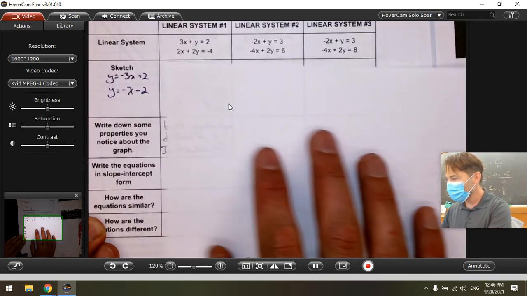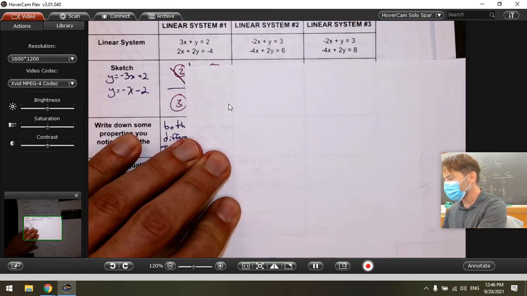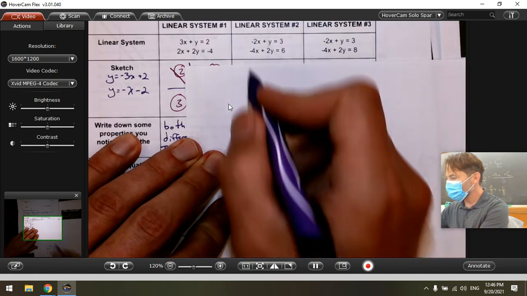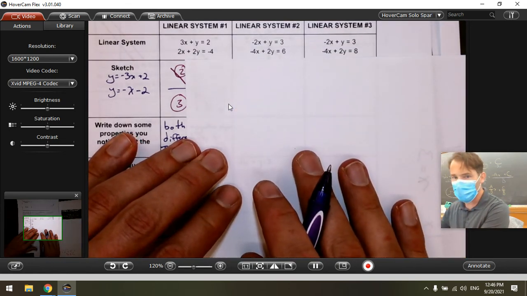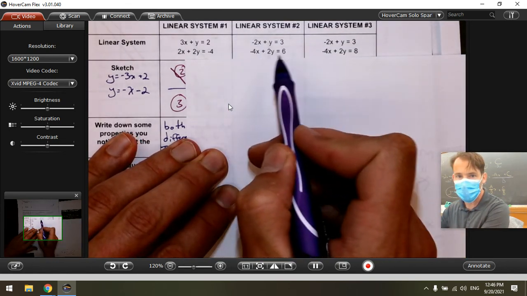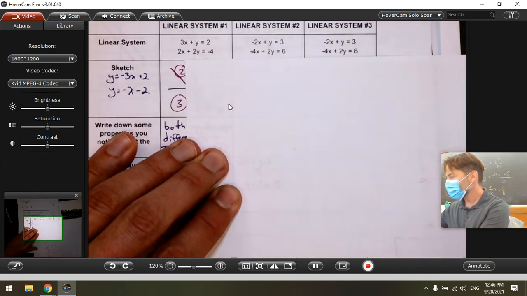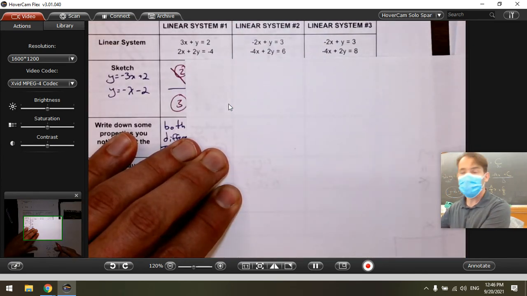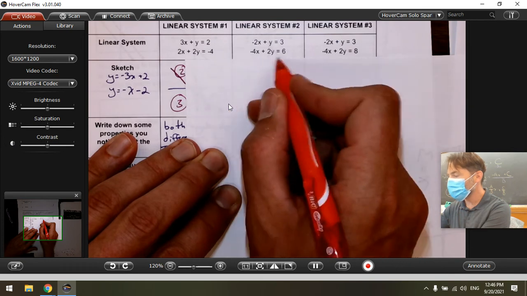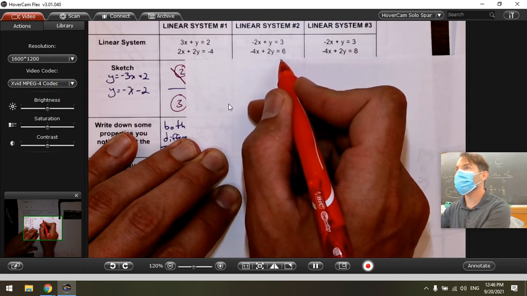So I have here 4x plus 2y is equal to 6. What were people's first move here? What was your first inverse operation to turn this one into slope-intercept form? What's our first step?